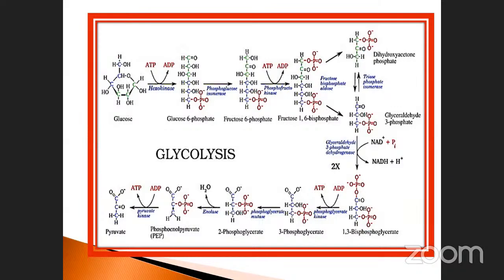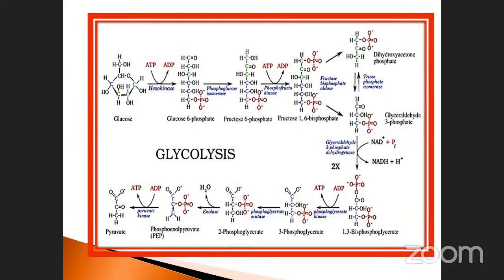Where does this phosphate come from? The ATP. Don't forget, my dear students, adenosine triphosphate gives one phosphate molecule for this process, and it forms adenosine diphosphate.